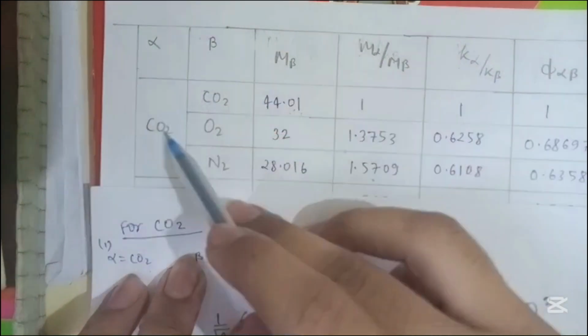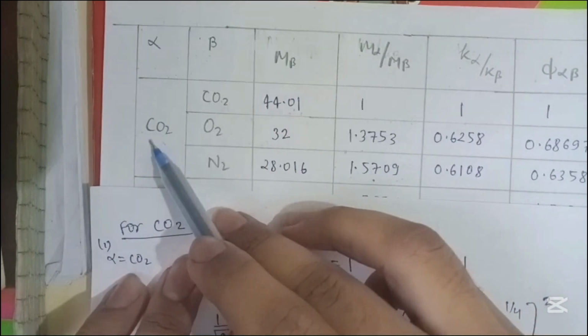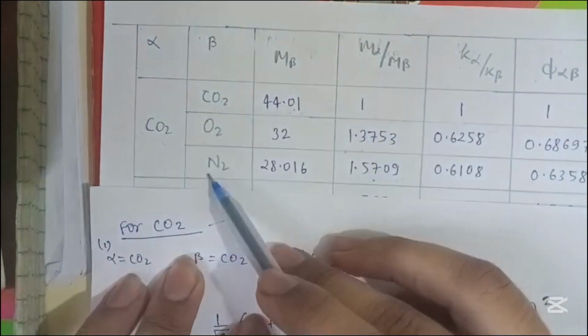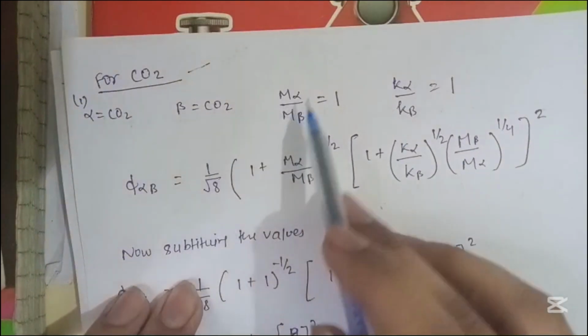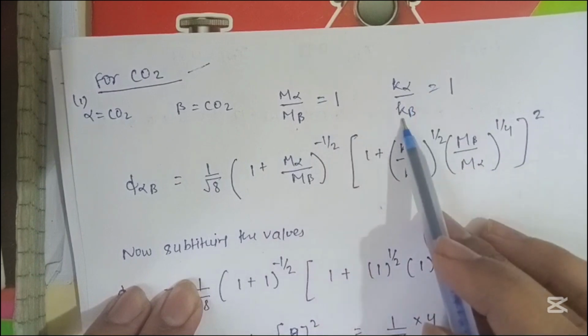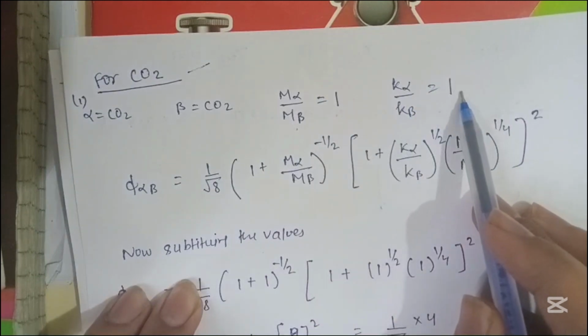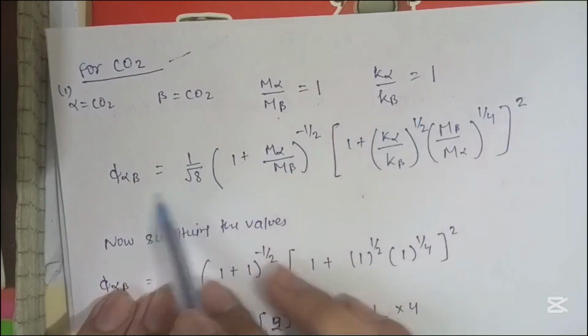First we will take CO2 with CO2, we will take CO2 with O2, and CO2 with N2 as beta. So the calculation is m alpha by m beta equal to 1, k alpha by k beta for CO2 with CO2 equal to 1.